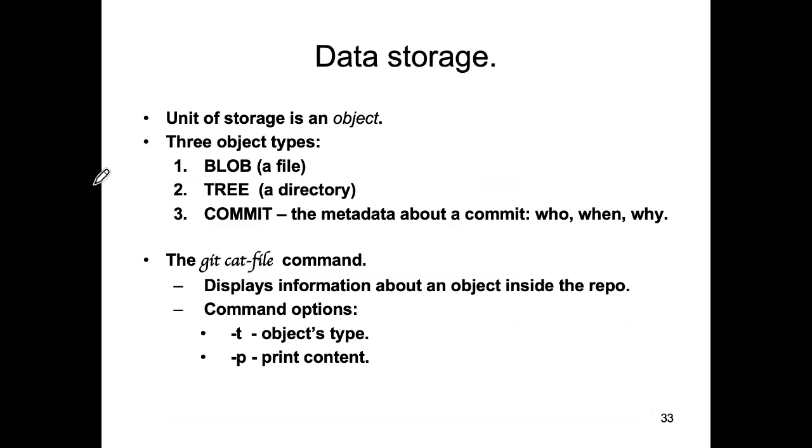And there are 3 types of objects from Git's perspective: blobs, trees, and commits. A blob object corresponds to a normal file in your working directory. A tree object corresponds to a directory within your working directory. So like our test folder and our SRC folder, they would be represented as tree objects within the Git repository.